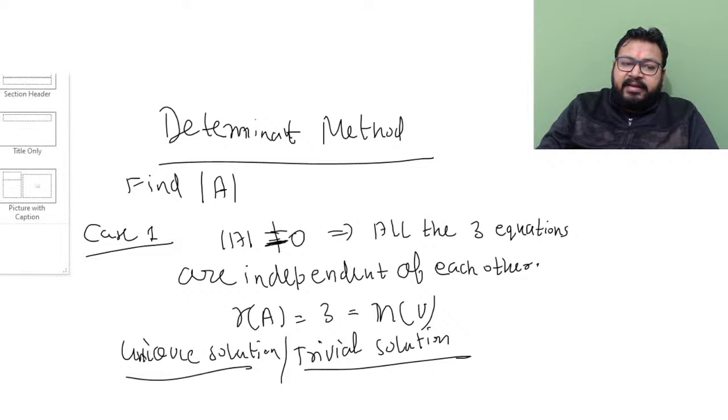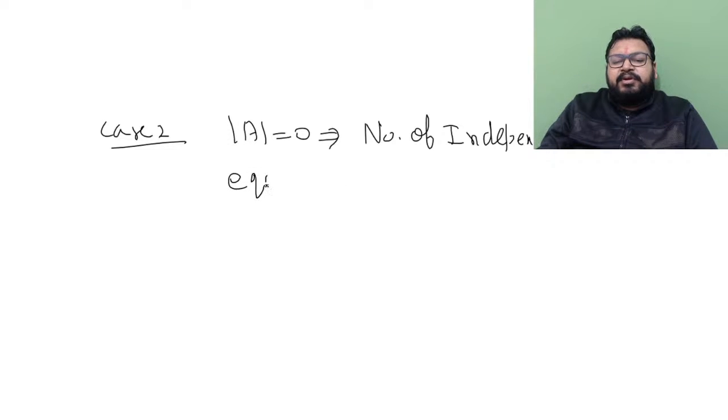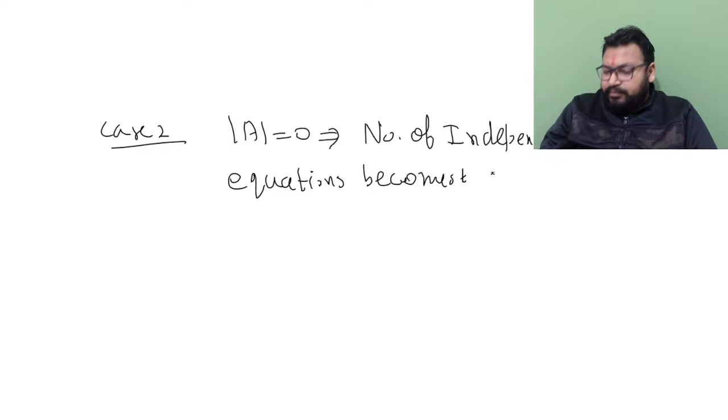But इसी के opposite guys एक केस और है. Okay, case 2. When the determinant of A becomes 0, it means the number of independent equations becomes less than 3.